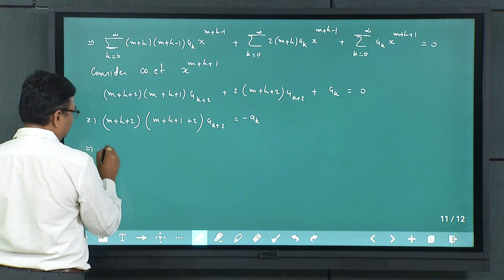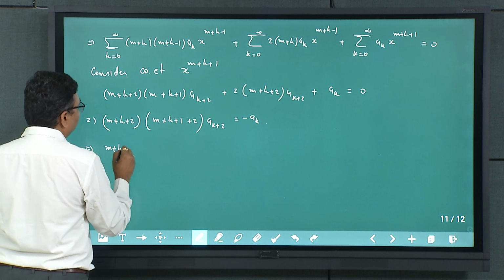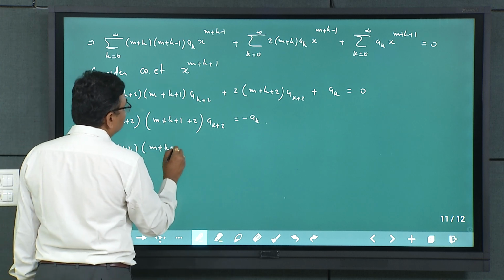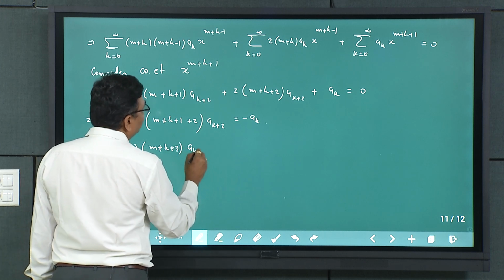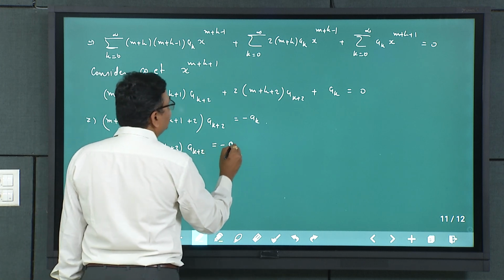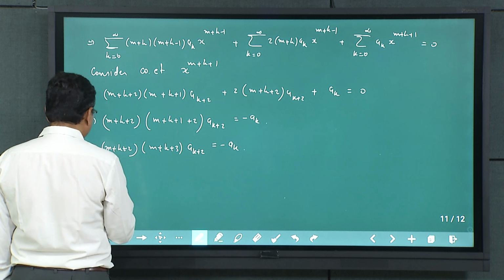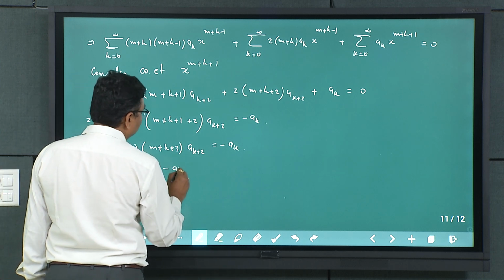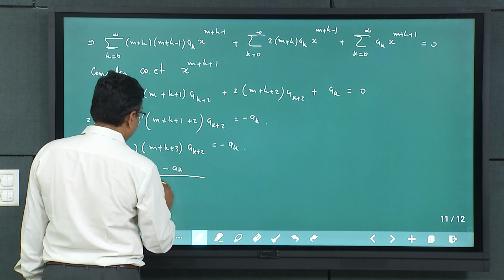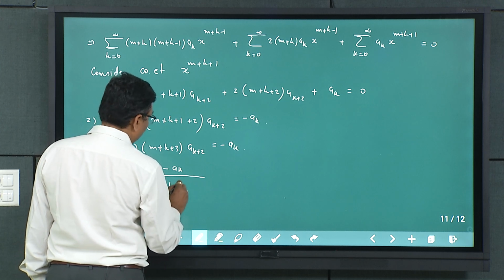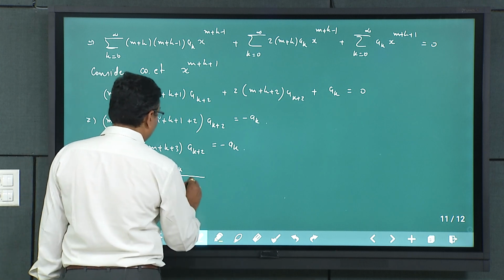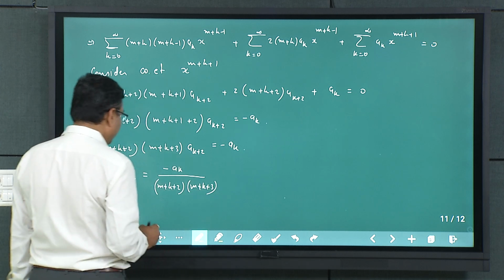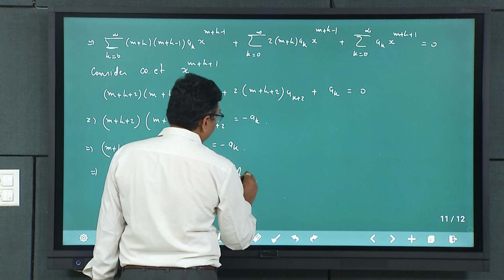So this implies m plus k plus 2, this is m plus k plus 3, into a k plus 2 is equal to minus a k. So this implies a k plus 2 is equal to minus a k upon m plus k plus 2 into m plus k plus 3, right. This is my recurrence.